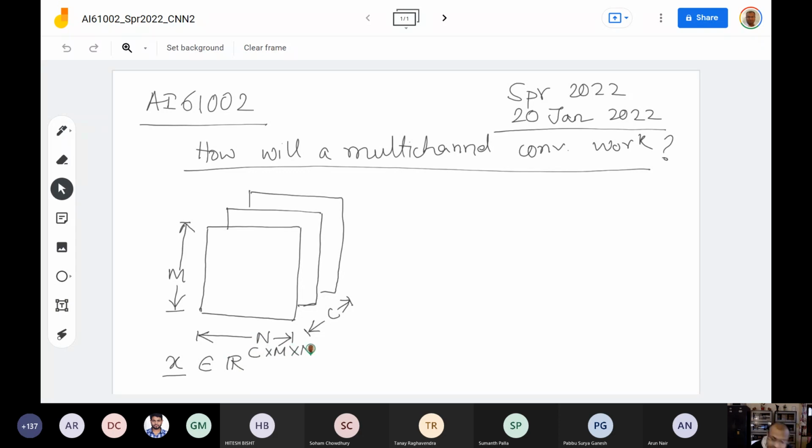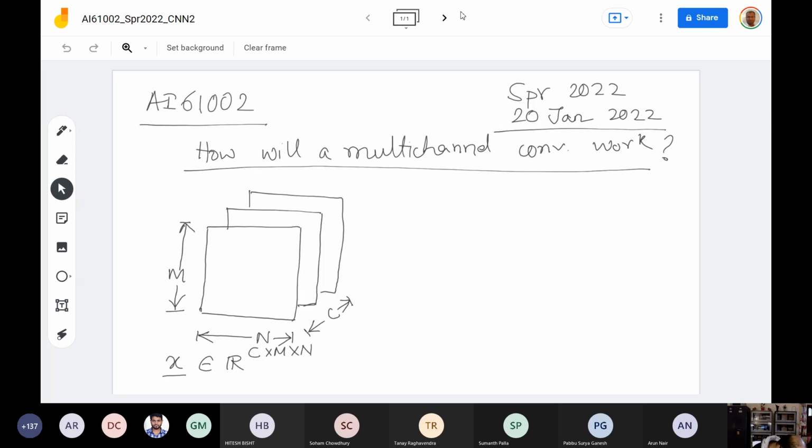This is the typical convention we use in our tensor representations for deep learning, and it's just a matter of convenience whether you have the number of channels in the first index or in the second index. But for our purpose, we are going to have the number of channels represented in the first index itself.